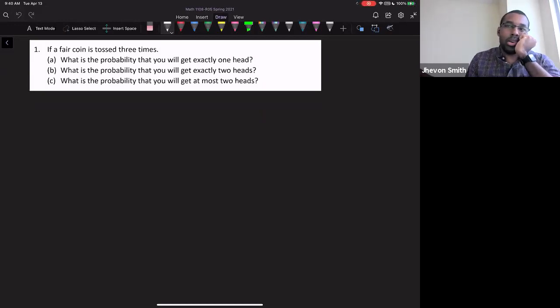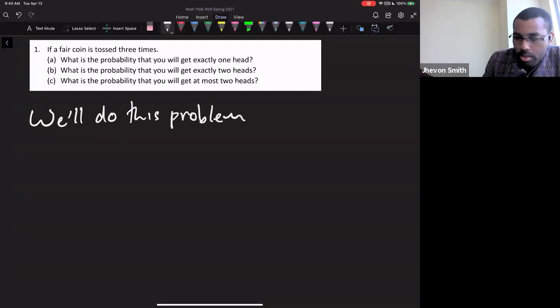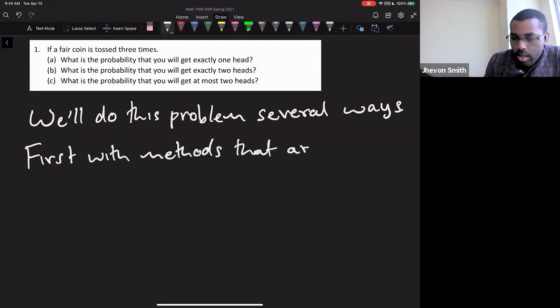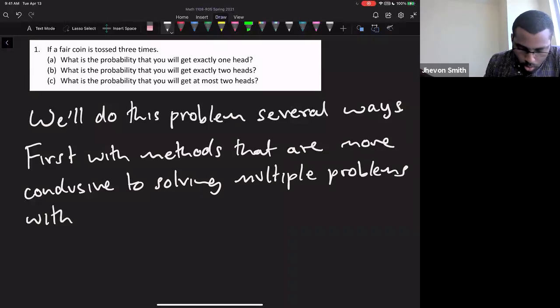Just to show you that there is more than one way to skin a cat, we will do this problem several ways, first with methods that are more conducive to solving multiple problems with a single setup.